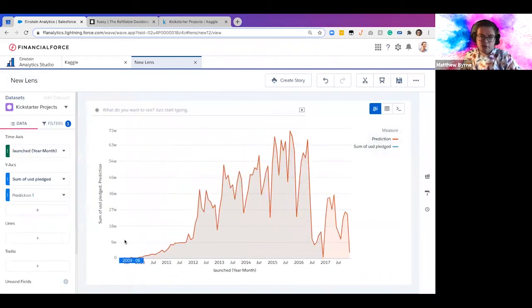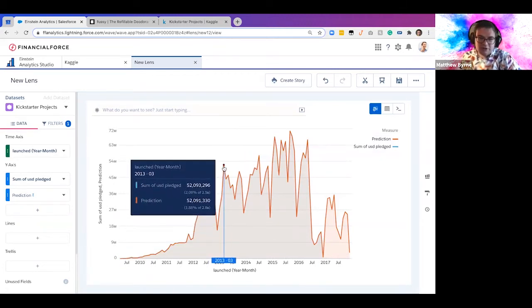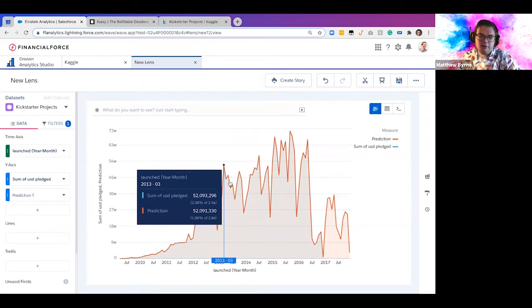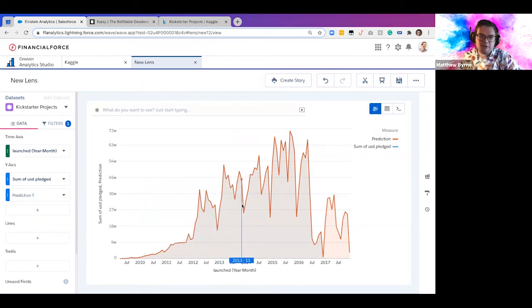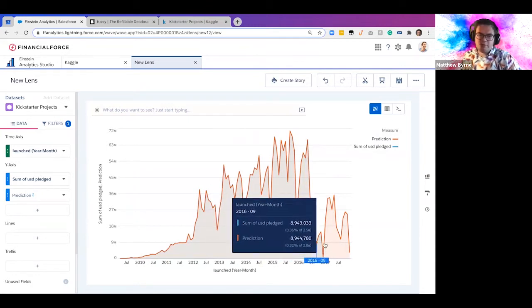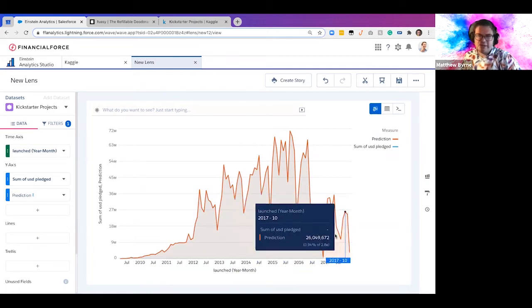If I close that, our prediction is now lined up so well that it is nearly unbelievable how well that's lining up. It's managed to generate a model that lines up with the data, and then generates a prediction going forward that has that same pattern.